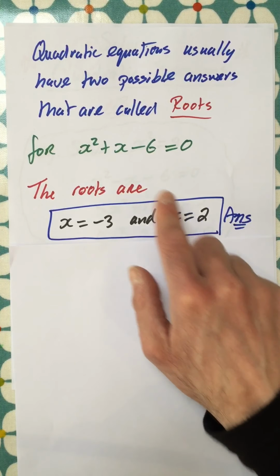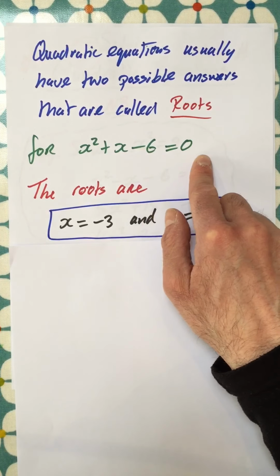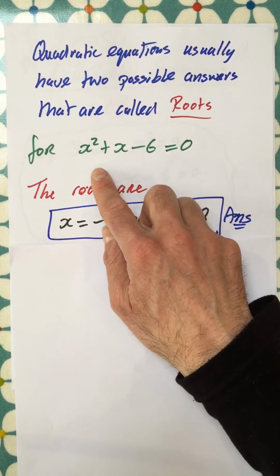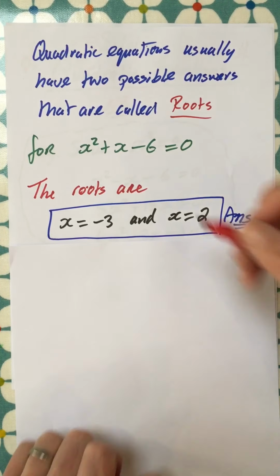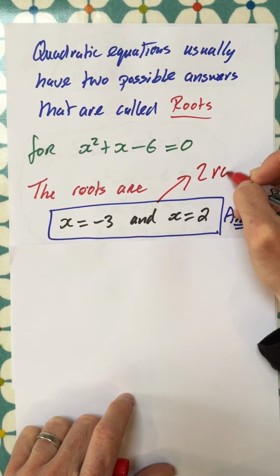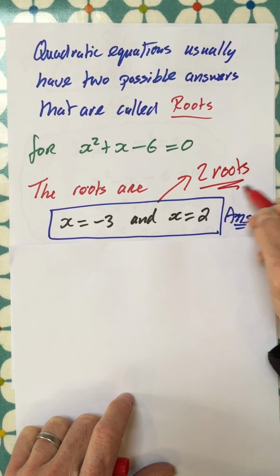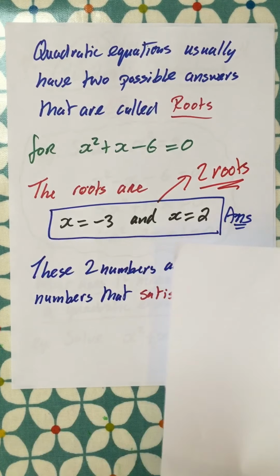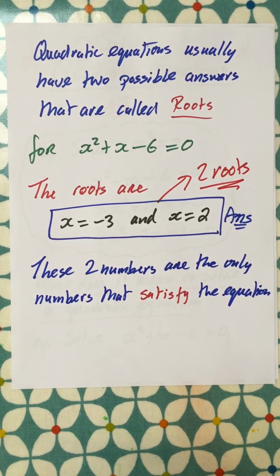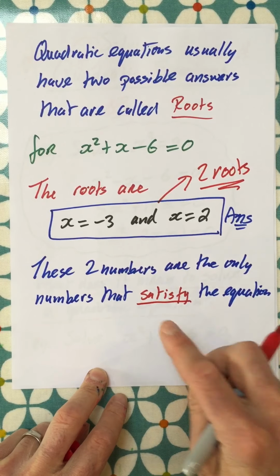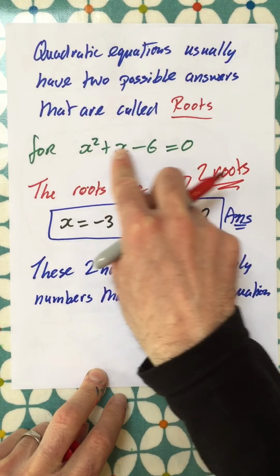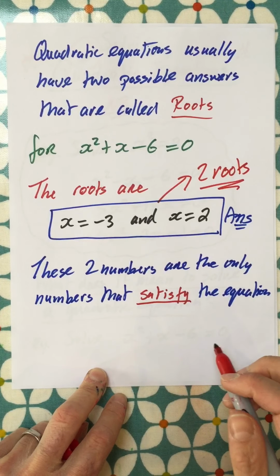If you were to sub the number 2 into this equation, you would get 0. And if you sub minus 3 into the same equation, you would also get 0. So this one has two roots. These two numbers are the only numbers that satisfy the equation. Now, satisfy the equation just means when you sub these two numbers into this equation, they make the equation true.